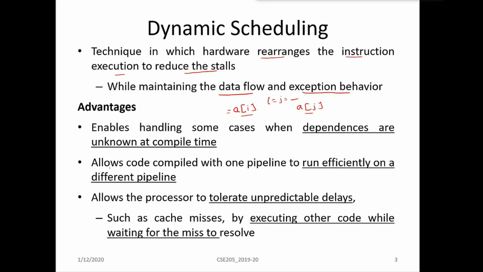The other advantage is that it allows code compiled with one pipeline to run efficiently on different pipelines. The compiler produces output for a specific processor architecture, so for every architecture it has to do it accordingly.